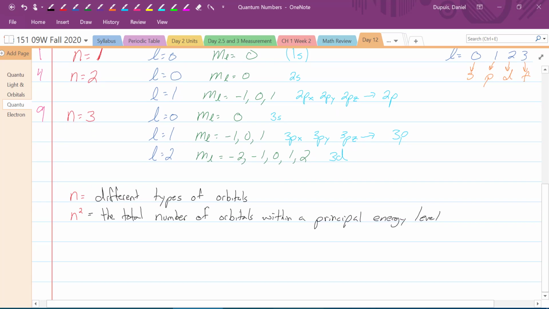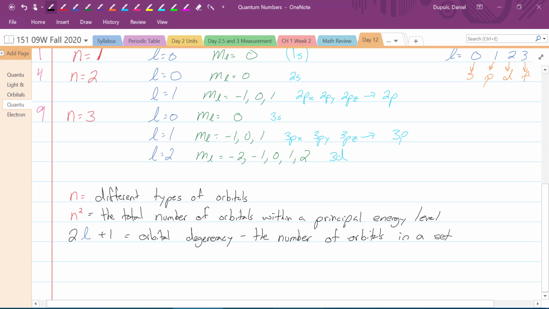And then we have 2L plus 1. And that equals the orbital degeneracy, which is the number of orbitals in a set.